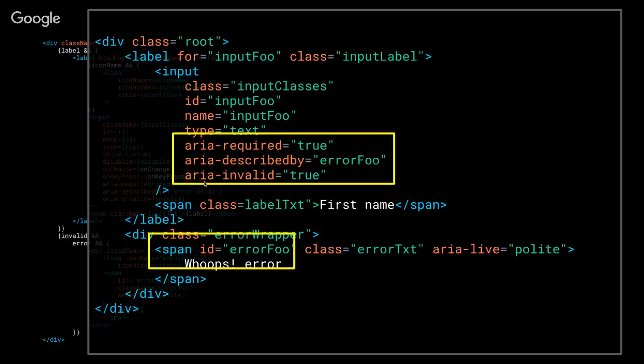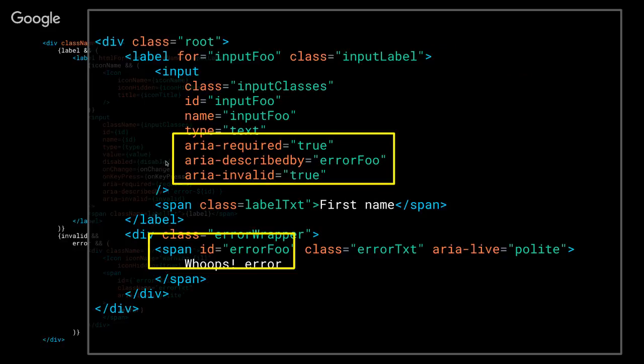Here we are just simulating input validation, and we're setting the aria-invalid attribute to true. This is important for CSS because when this is true, we've set the CSS up to show some different styling around the input and also to display this error message.